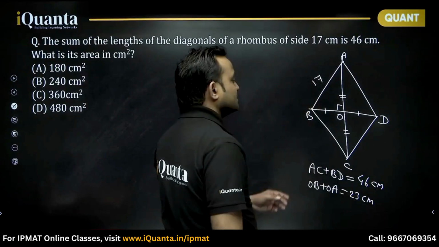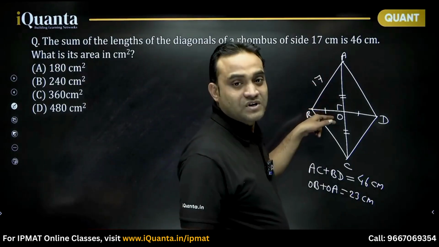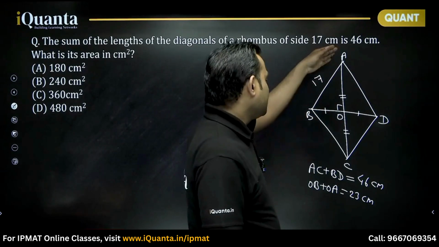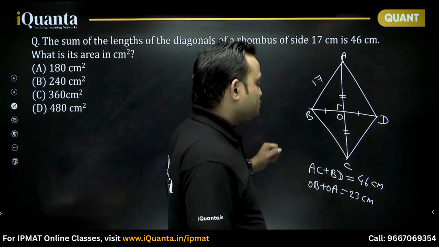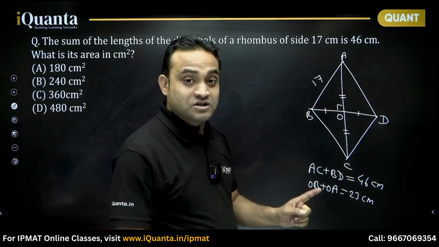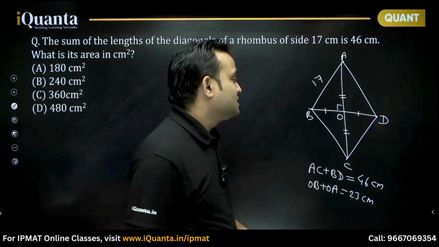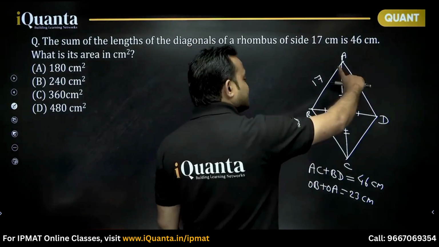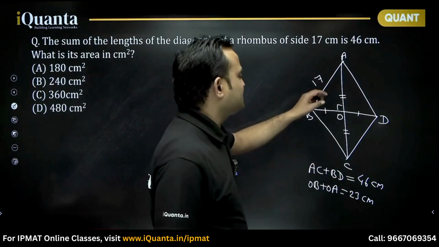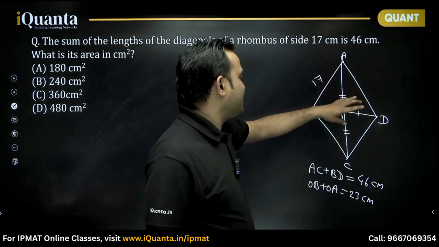Now think about this. Sum of these two sides are 23. This is 17. So using Pythagoras theorem, if you are good with triplets, you will say that OB is 8, AB is 15, or vice versa, that OA is 8 and OB is 15.